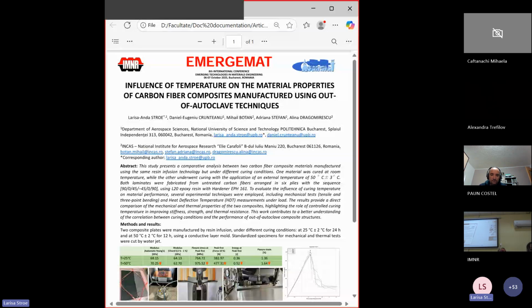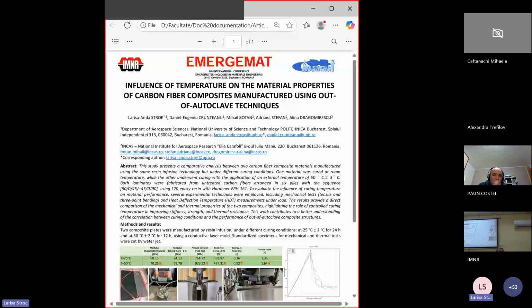Out-of-autoclave composite manufacturing is increasingly important in aerospace because it reduces costs and allows for larger structures compared to traditional autoclave methods. However, the curing conditions, particularly temperature, play a critical role in determining the final properties of the composite.